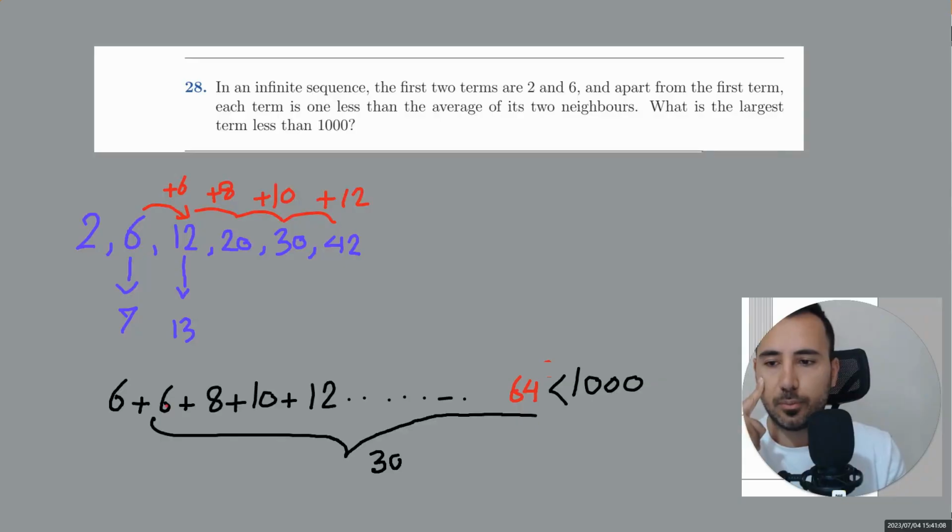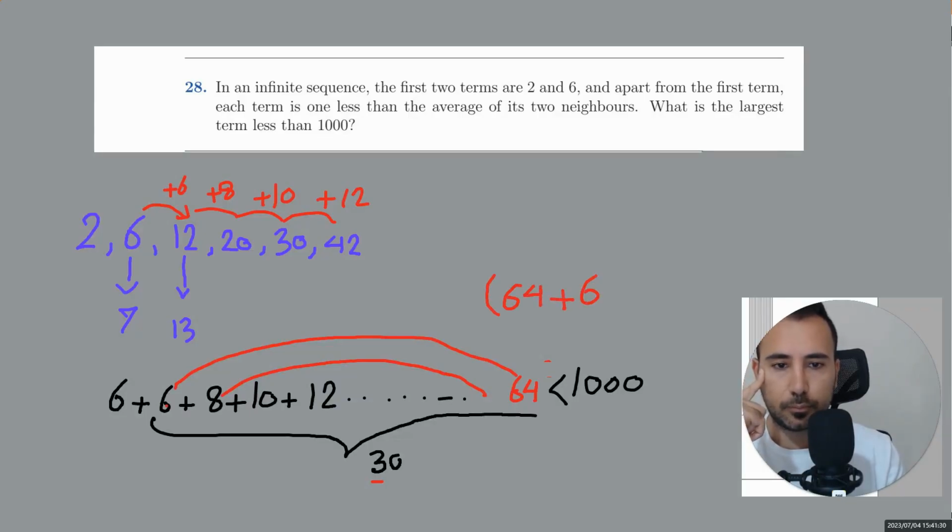So let's just, what is the sum of this? We know how to sum this. We have 30 terms. These two together, the last and the first, and then the second, and then the second from here. We'll have 15 pairs, and each pair will be 64 plus 6, times, we'll have 15 of these pairs.